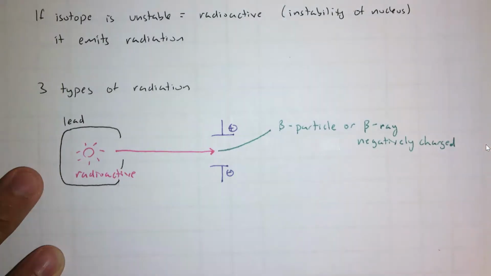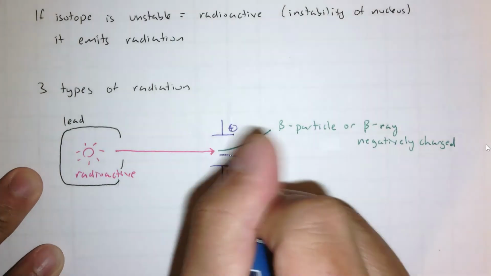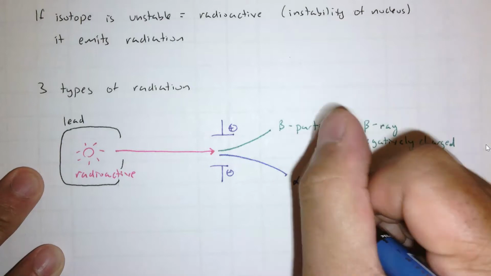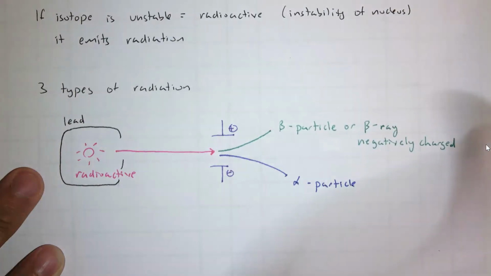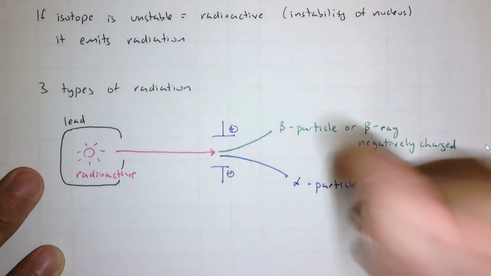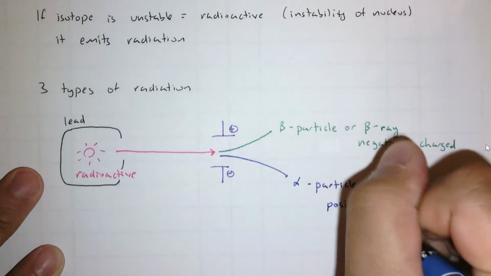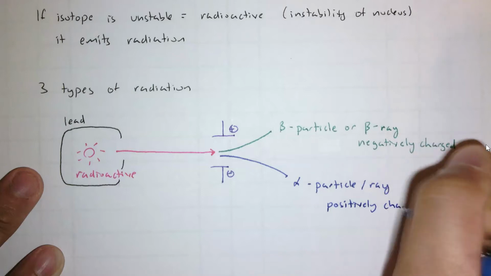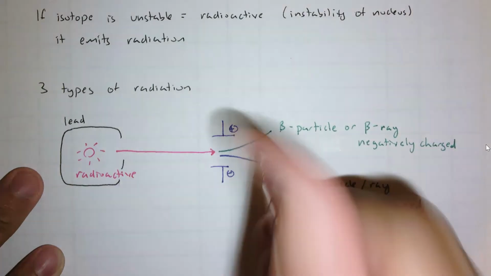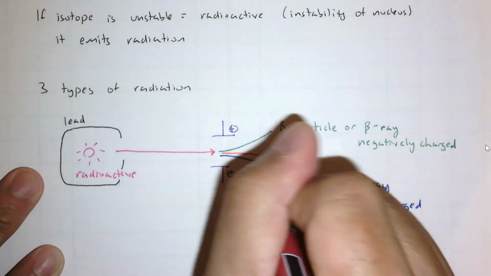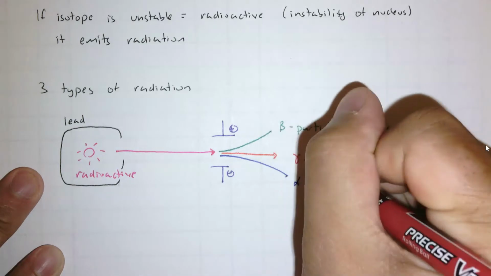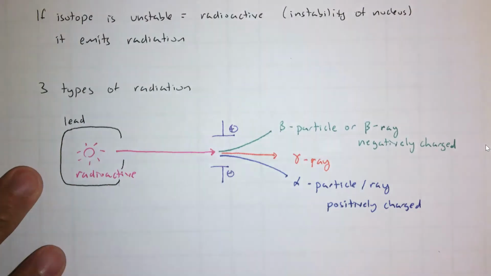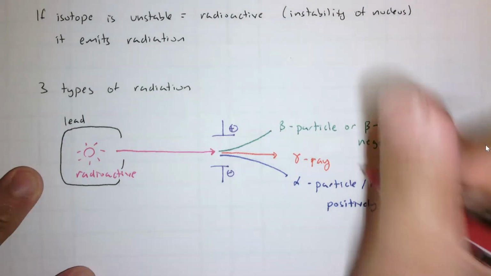If it's attracted to the negative plate, so it will start to bend downward, that's called an alpha particle, or alpha ray, and that's positively charged. Lastly, if there's no deflection, that means the emitted radiation has no charge, and that is called a gamma ray. I don't think people use particle, they call them gamma rays, and it's electrically neutral.